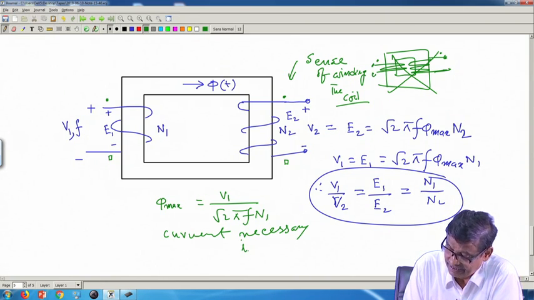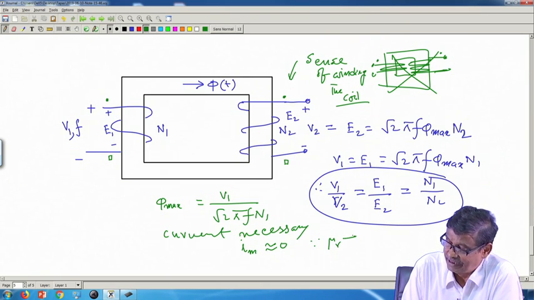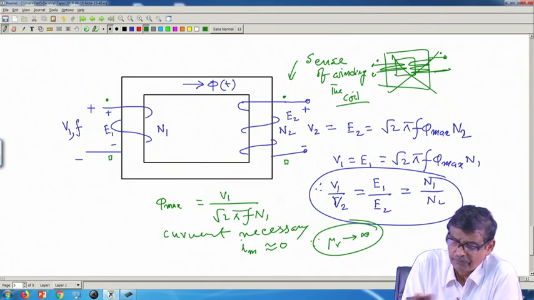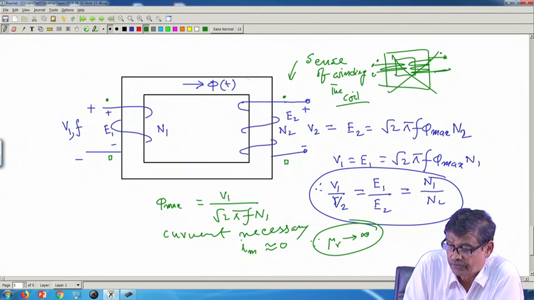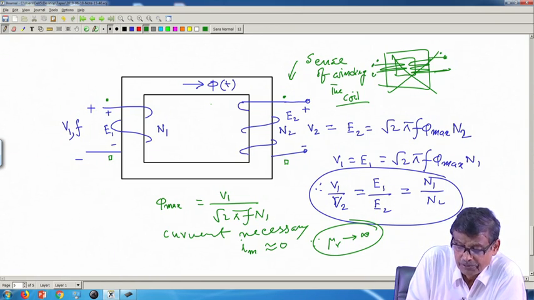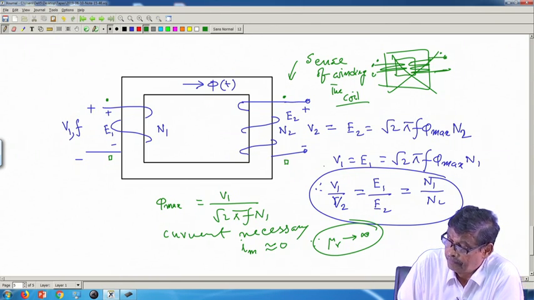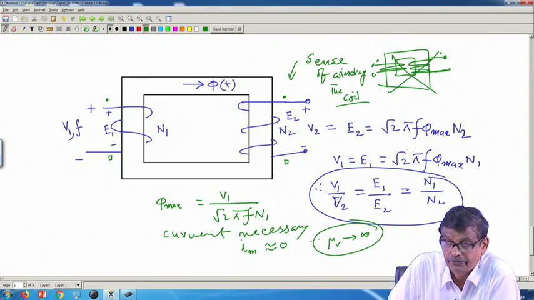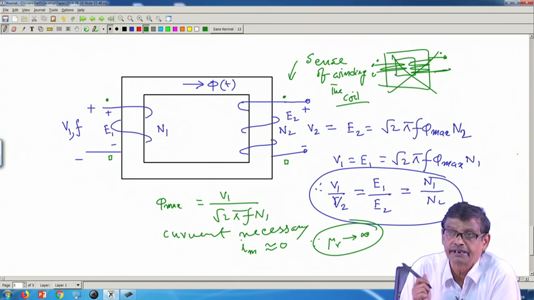That is, magnetizing current is vanishingly small, 0, since mu r is infinitely large. Apart from the fact that all flux is confined to the core, there is no winding resistance, which allows me to write V1 equal to E1, RMS values, equal to root 2 pi f phi max N1.